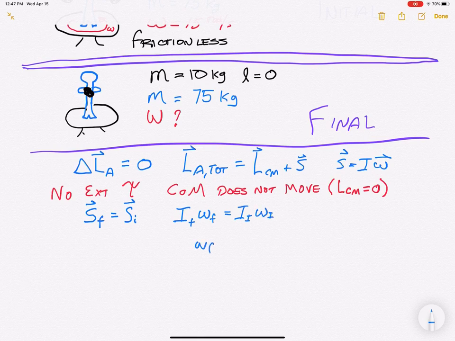So omega final is just I initial over I final times omega initial. The great thing about this is that our units are immediately obvious. Whatever the units of I are going to cancel away, and we're going to be left with omega final and omega initial.